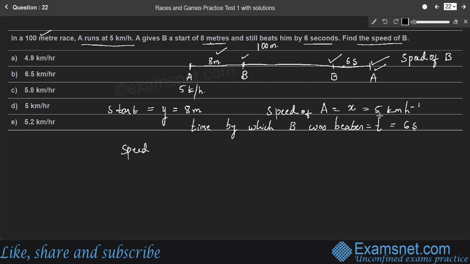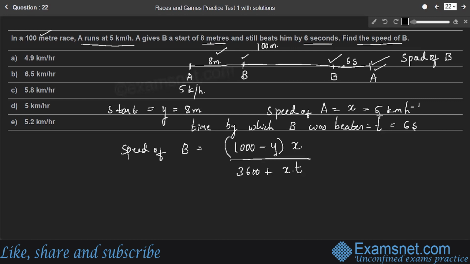So the speed of the second person, the formula says: (1000 minus start given, which is Y) into X, where X is the speed of A, divided by (3600 plus X into T), where T is the time by which B was beaten.